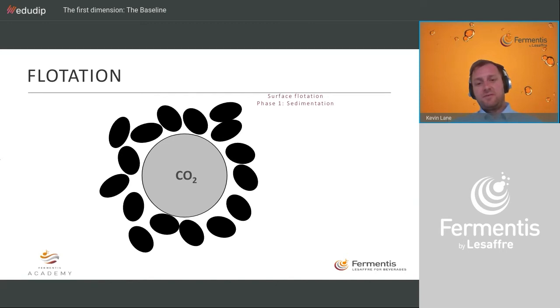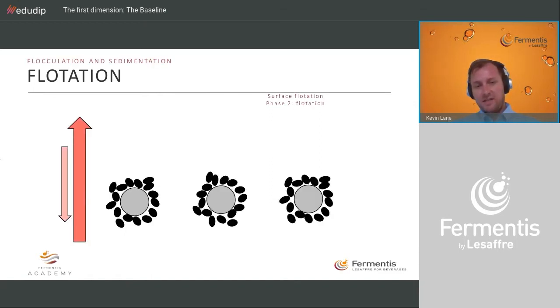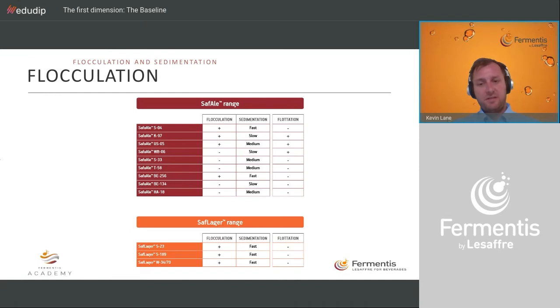There are groups of strains that have a higher affinity for dissolved CO2, in which the flocks don't just form flocks and drop out. They'll actually form flocks and then break CO2 out of solution. And in that case, it's not so easy to just say that flocculation would cause sedimentation, because the yeast is interacting with the dissolved gas in the beer and breaking that out of solution, causing the yeast to rise to the top of the tank and be stuck in the foam. So we'll talk about that coming up here.